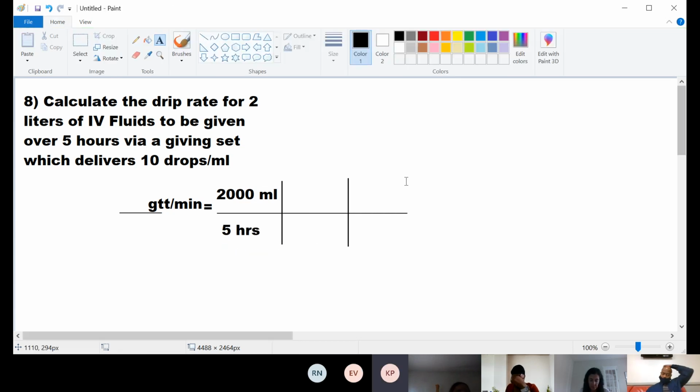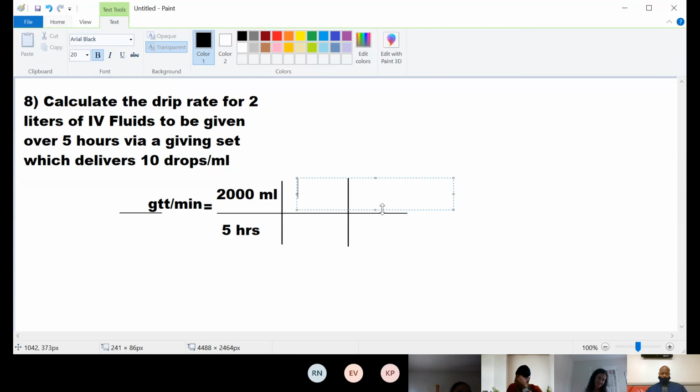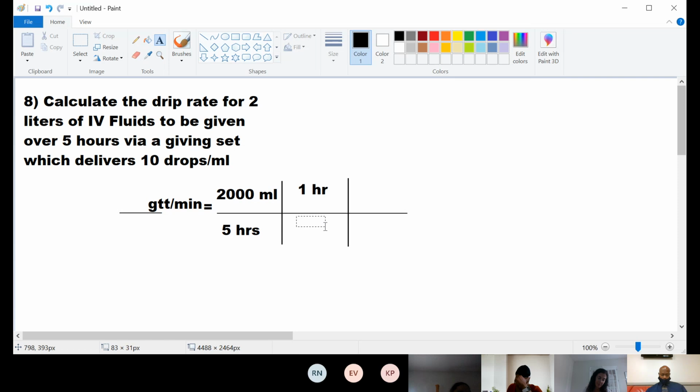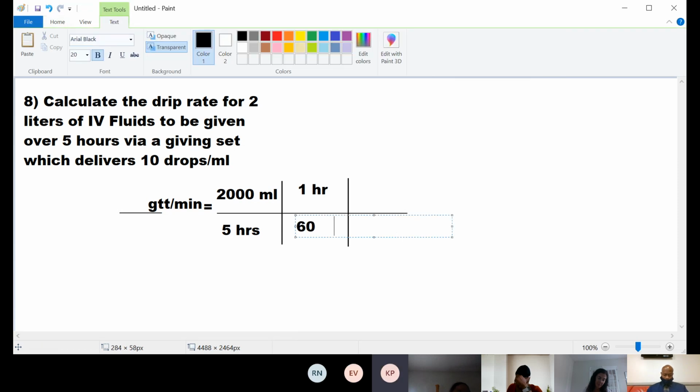Then I'm gonna go ahead and do my time conversion factor. In this case, hour is gonna be at the top. So I know that 1 hour is equal to 60 minutes.